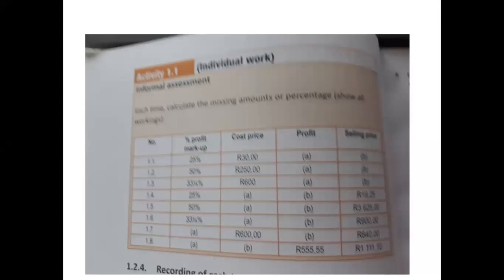I'm going to give you one like 1.2, but I'm going to change the percentage to 30%, and let's stick to the cost price of 250. So the profit percentage is now 30%, the cost price is 250, and you're going to calculate the selling price.